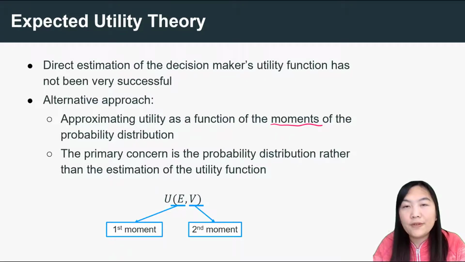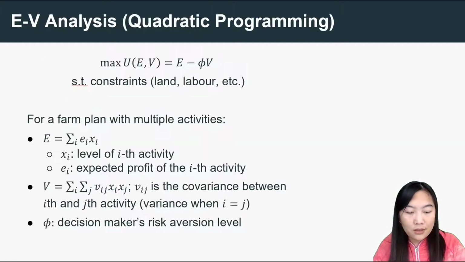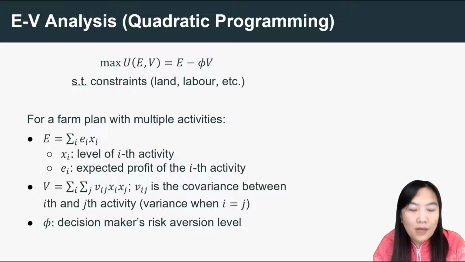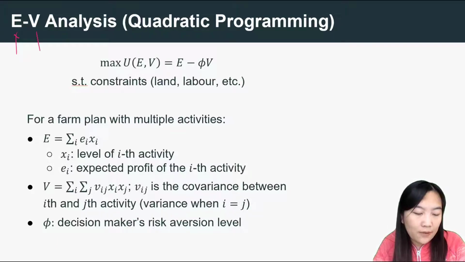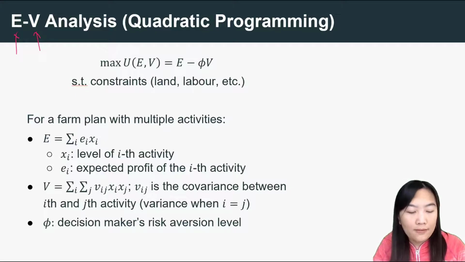So we might still be able to use the expected utility theory and avoid directly estimating the utility function. I have an example here, called the E-V analysis. E is for expectation and V is for variance.